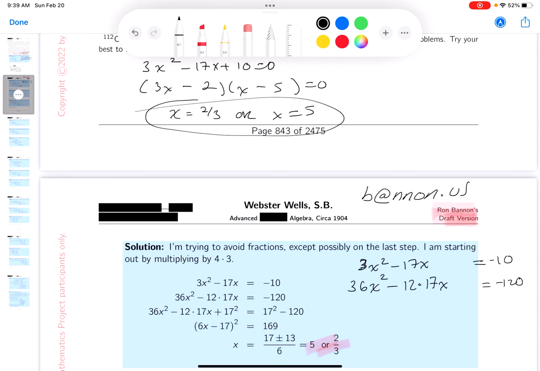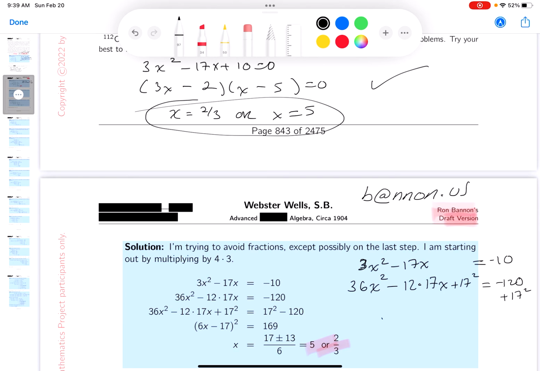Now, the question is, what would you have to add on now? And this is always a tough thing for me to do. And I'm going to say, it looks like I'm just adding on 17 squared to both sides. Again, I want to point out how easy that was for me to do and how much more work this is. Well, this isn't too bad.